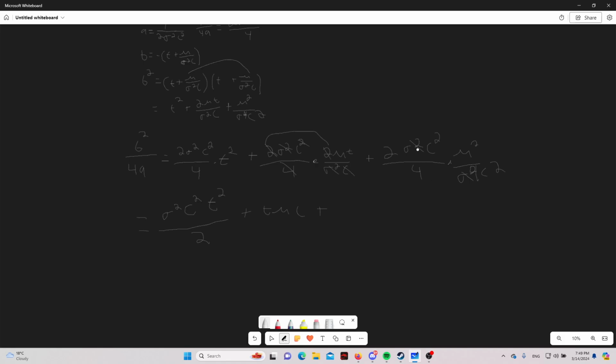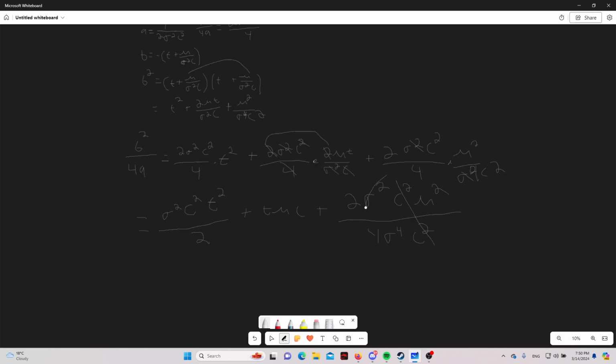so sigma squared over sigma to the 4th. Okay, here, let's just write it out fully. That way it's easier for me to visualize. So we have 2 sigma squared c squared mu squared over 4 sigma to the fourth c squared. So the c squareds cancel out.